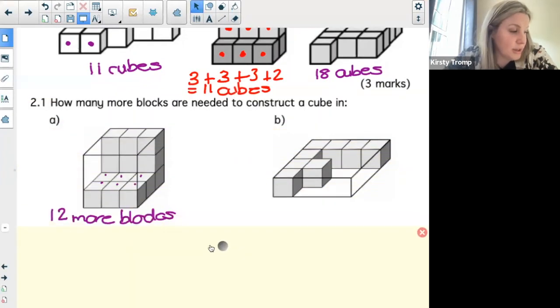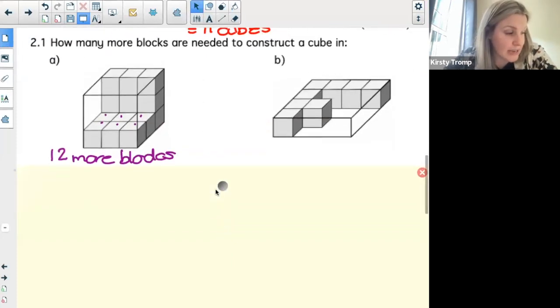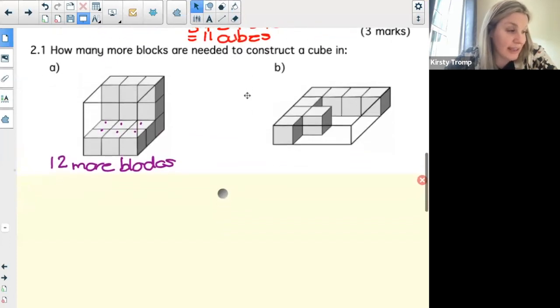We then needed to see how many blocks were needed to construct a cube. So we looked at A, and I said to you guys on Monday night that by that time, our brains were pretty tired. I want to pick up tonight from our lesson. On Monday night, we looked at A, and we needed to see how many blocks we needed to finish off this cube.